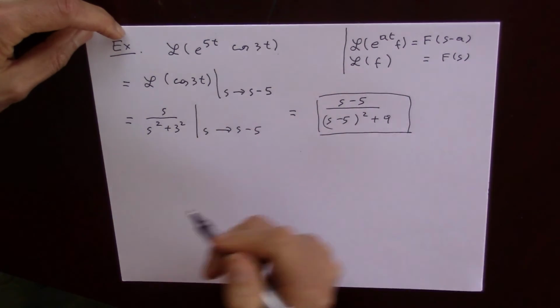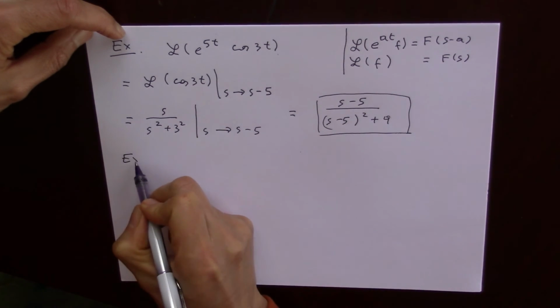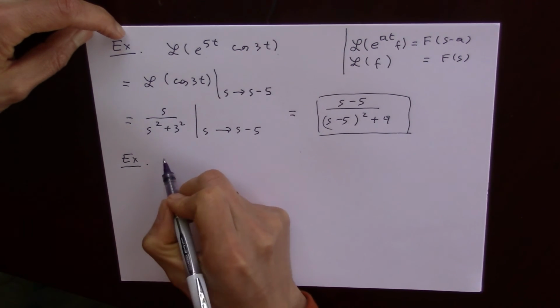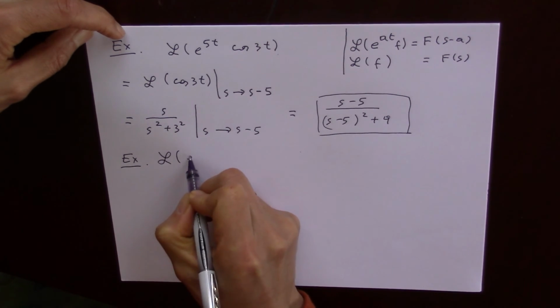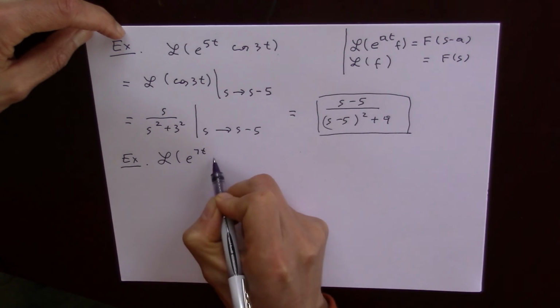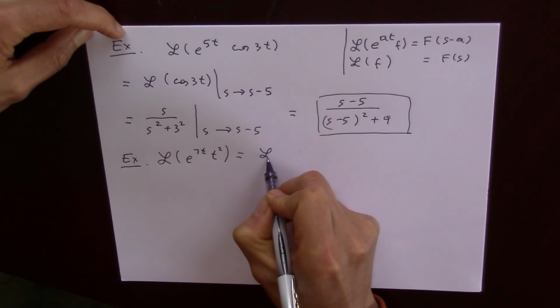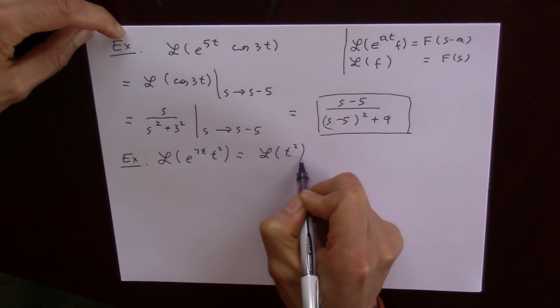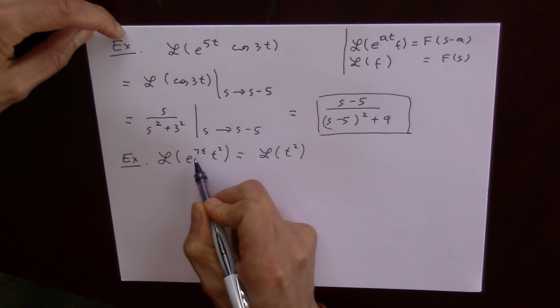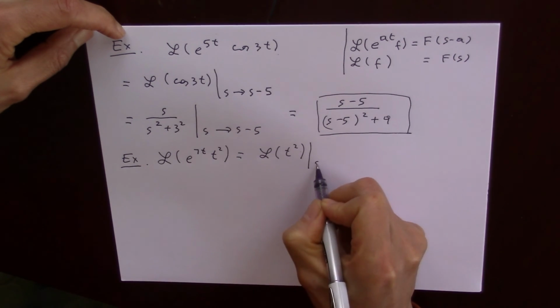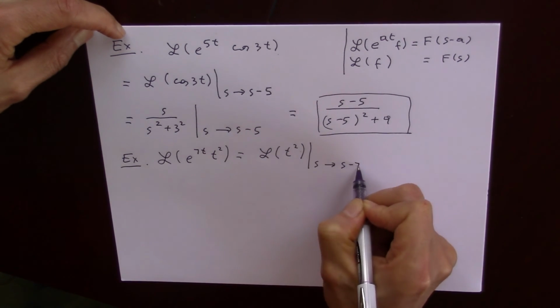Let's run one more example on how we're going to use that theorem. Say you want to find the Laplace transform of e to the 7t times t squared. We're going to find the Laplace transform of t squared, and then to take care of e to the 7t, we'll change s to s minus 7.